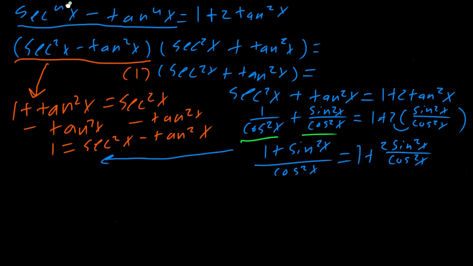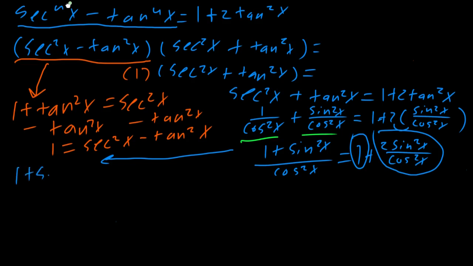On this right side of the equation, we want to condense it down to one term, but we can't really. So we're going to multiply 1 by a variation of 1, so we can get the same denominator as this term. To get the same denominator, we're going to multiply 1 by cosine squared of x over cosine squared of x.